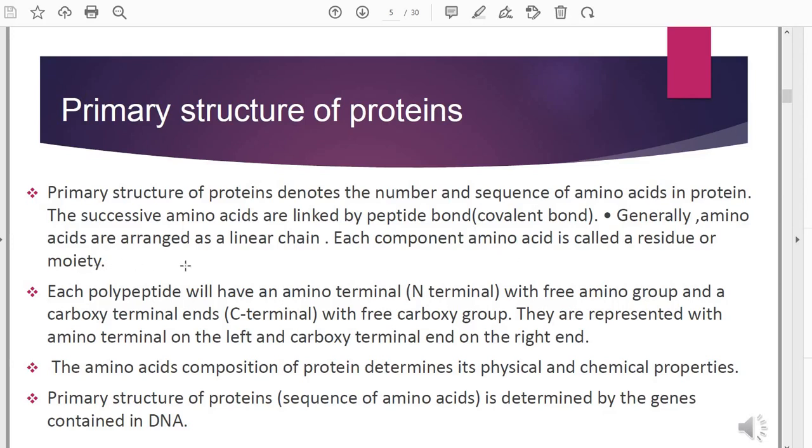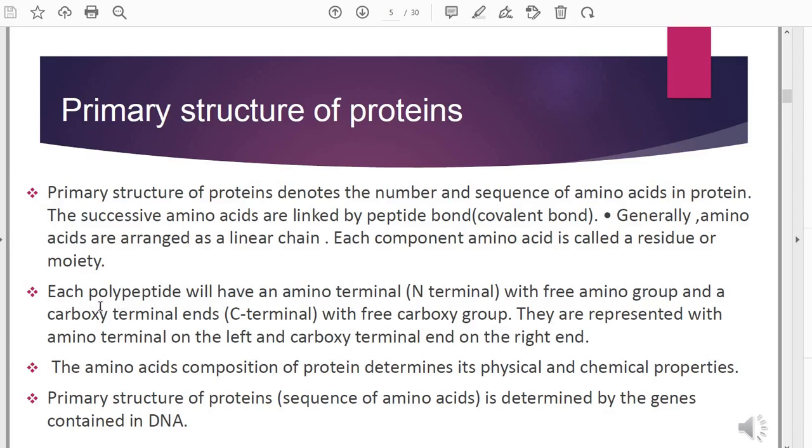Generally, amino acids are arranged in linear structure called polypeptide chain, and each amino acid is called residue or moiety, connected by the peptide bond.